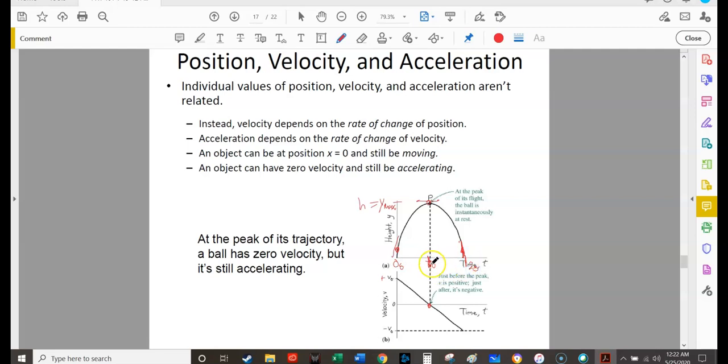So this maximum height will occur at the half time of flight, and that'll also be where the y direction velocity is 0, as seen right here. So it's very uniform, and that's because the acceleration vector is constant down. It's even accelerating at this moment right here. Even though its velocity is 0, it still has an instantaneous slope right here, or an instantaneous acceleration, of a negative slope of 9.8 meters per second squared.